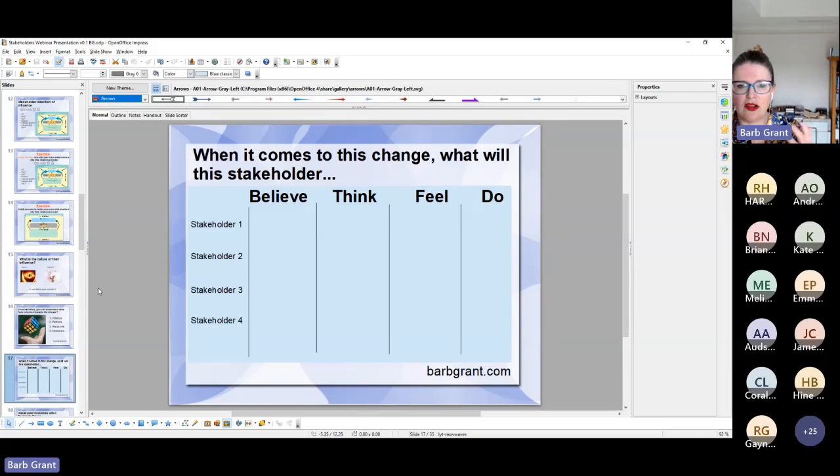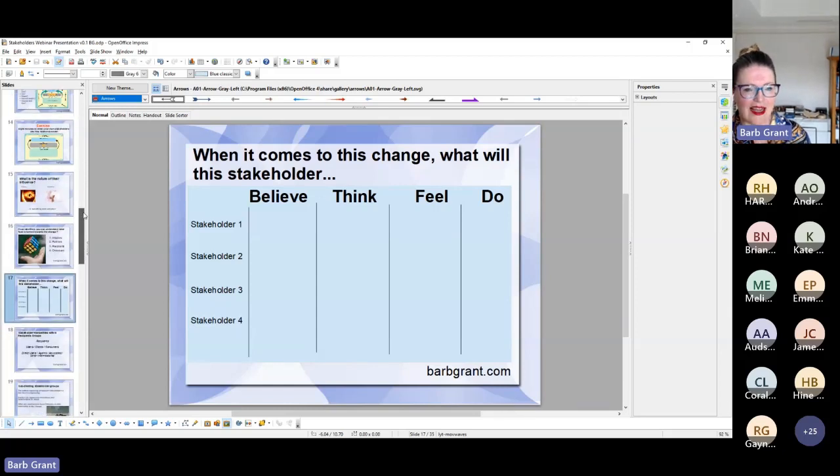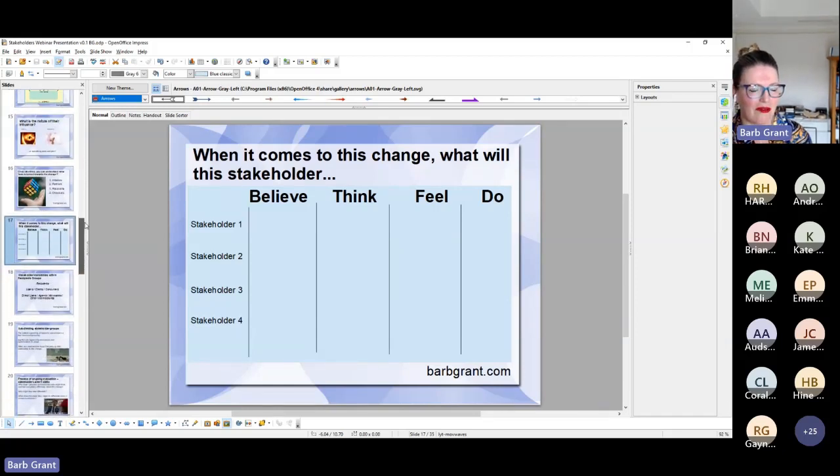And then which of those pieces do I want to change, and which do I want to amplify? Hopefully there's some really good stuff in there, depending on what sort of change you're delivering. Some are more palatable than others without needing too much intervention, as no doubt we've all experienced.